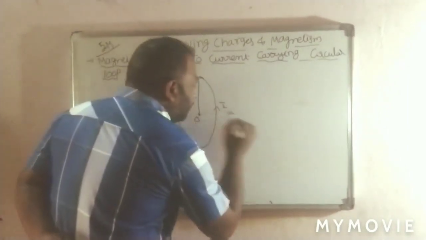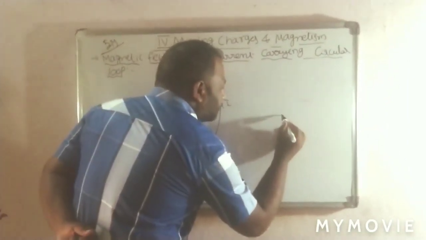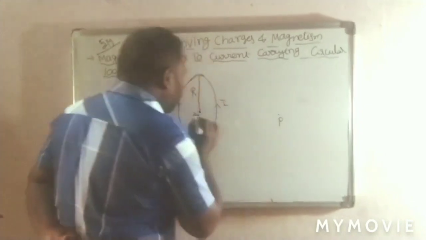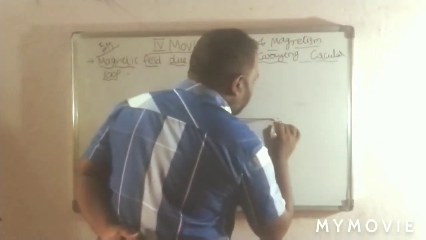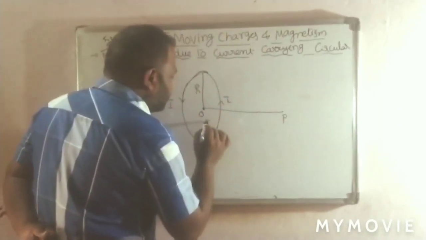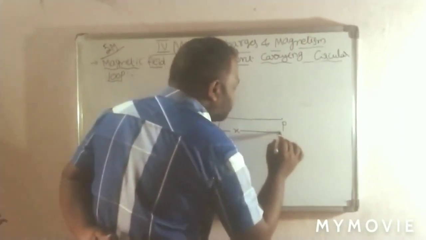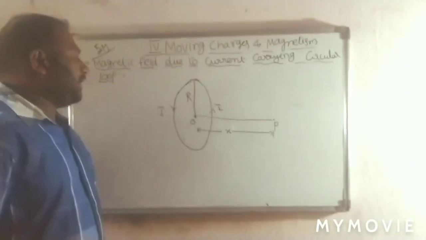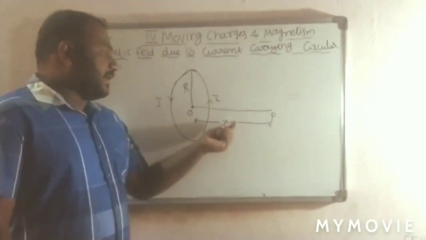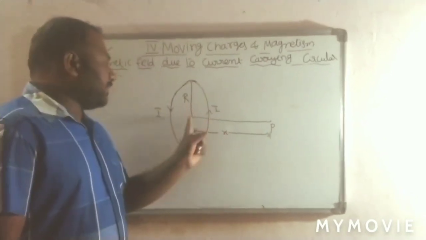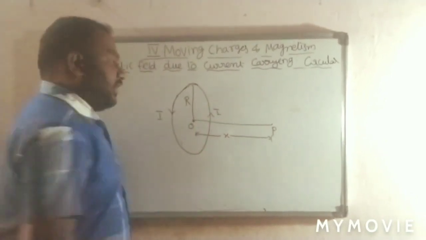If you want to find the magnetic field at a point P along its axis, here I assume the point P is at a distance of x meters from the center of the circular coil.